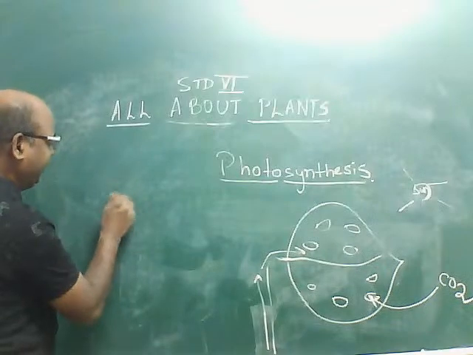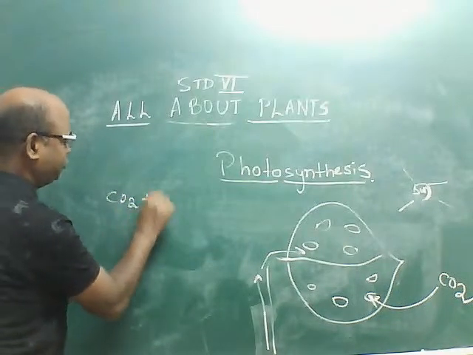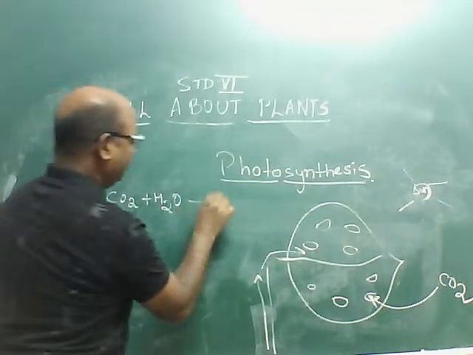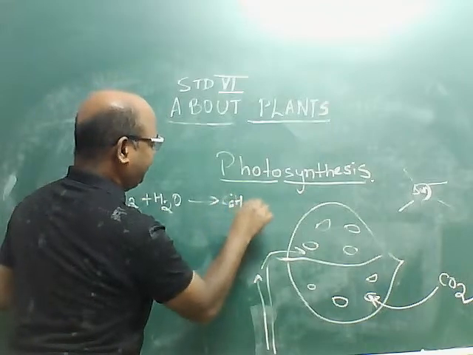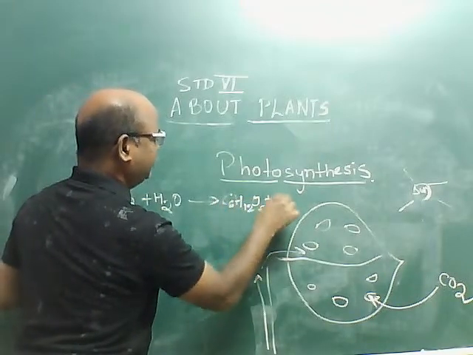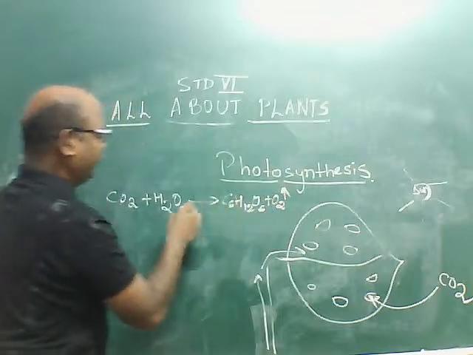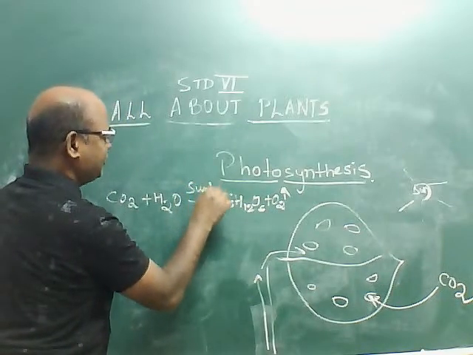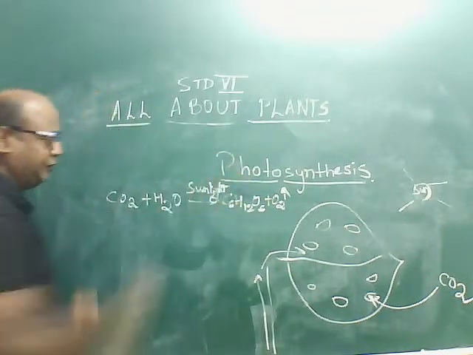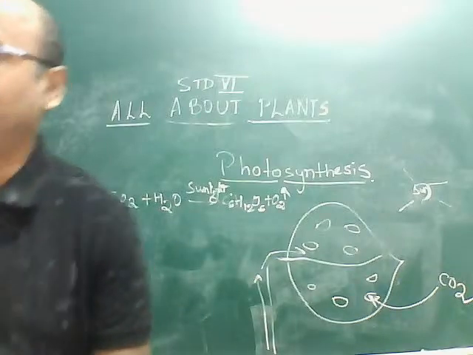So what we write: CO2 plus H2O gives C6H12O6, that is food, and oxygen is given out in this process. This takes place in the presence of sunlight energy, which is trapped by chlorophyll.